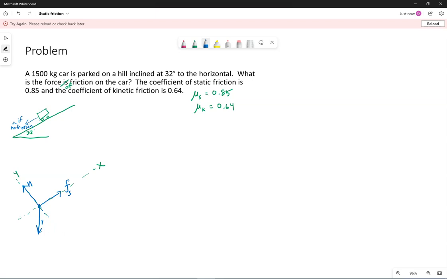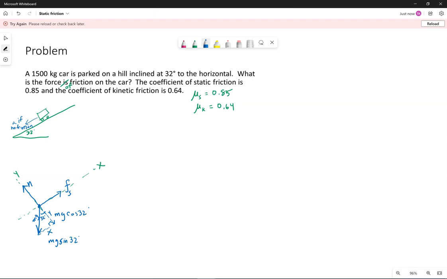Let me draw mg over here so that I can draw in the y component and x component of mg. The incline angle is always the angle between the force of gravity and the new y-axis. So this y component will be mg cosine 32. This x component will be mg sine 32.